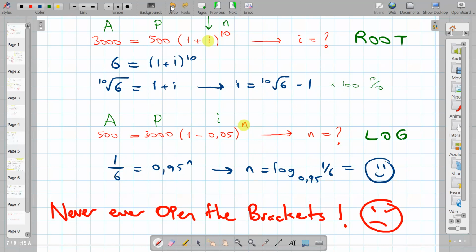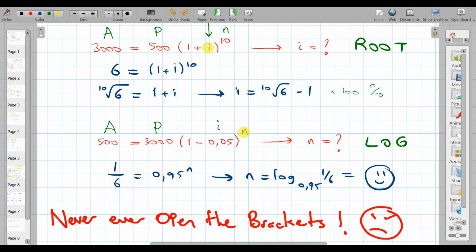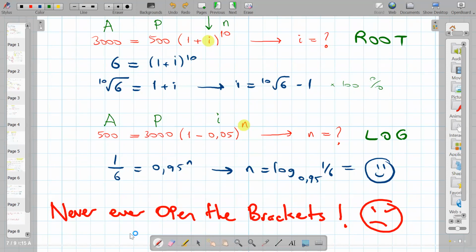Let me show that as well. I must have a calculator on my desktop. Okay, can you see the calculator now? Log is this one, 0.95. We can't see it. Okay, let's share it again.